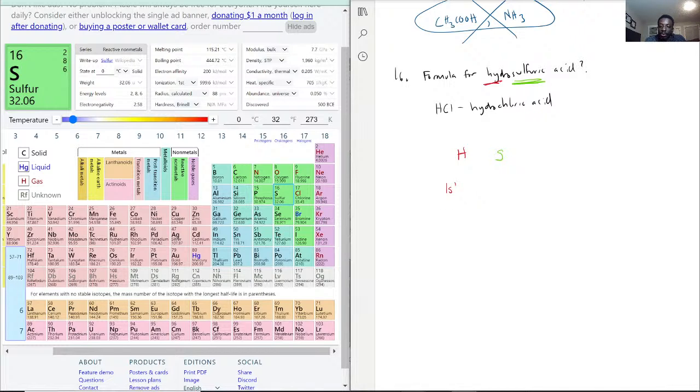For sulfur, you start at neon, and it's 3s2 3p4, and these two numbers 2 and 4 let us know that its valence shell is 6 electrons.